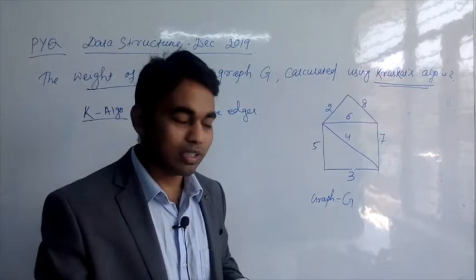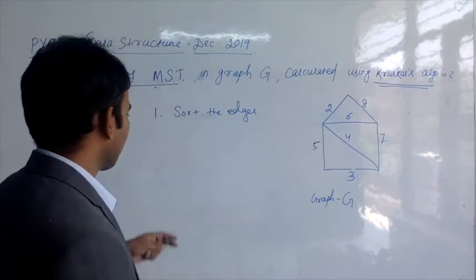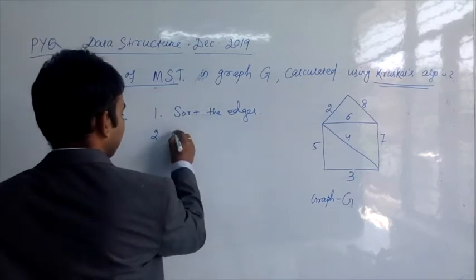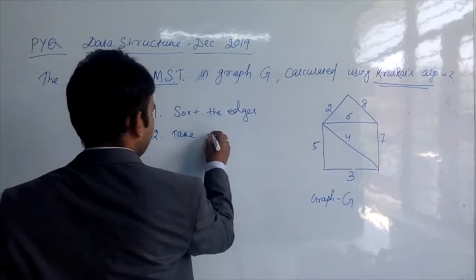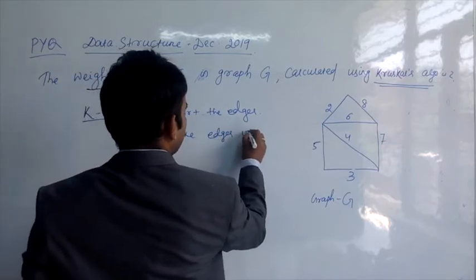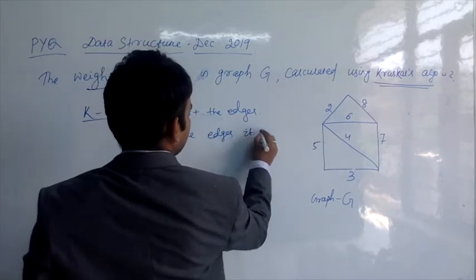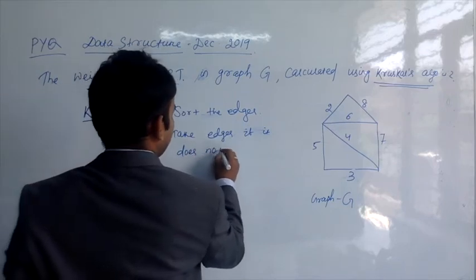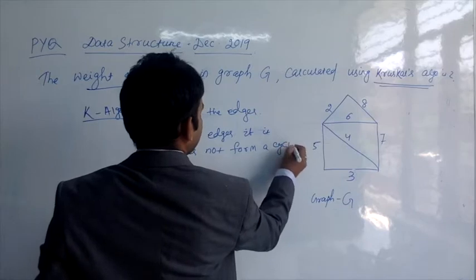Or else you can take them one by one in increasing order, that's not a problem. Sort the edges and keep on taking edges, if the edge does not form a cycle.